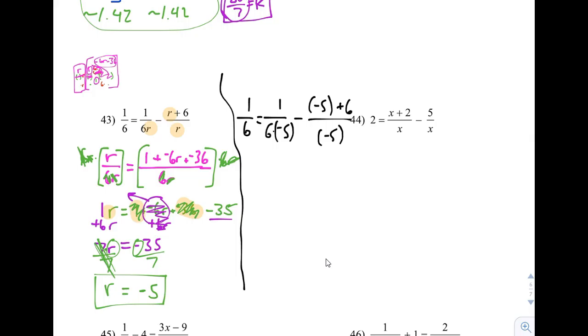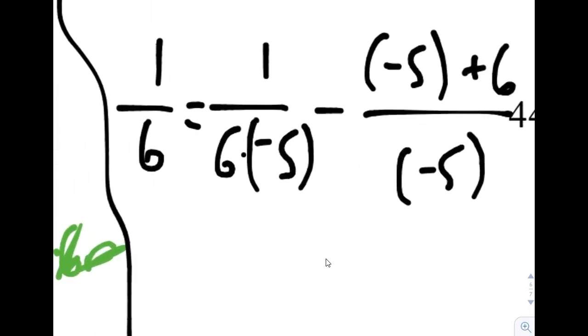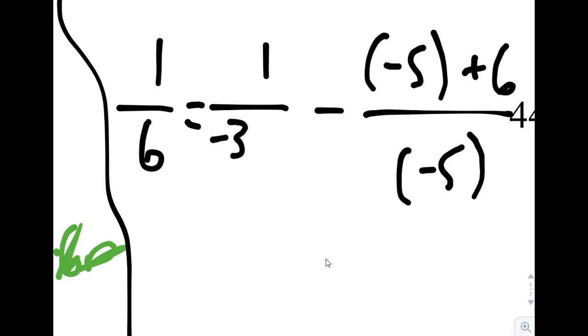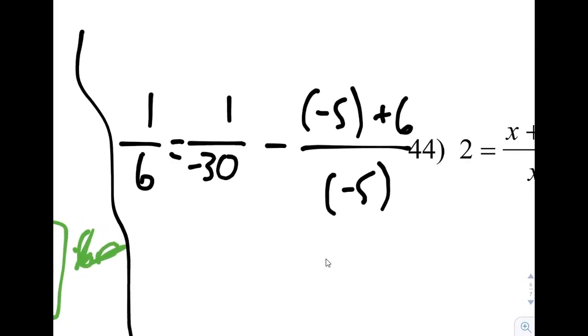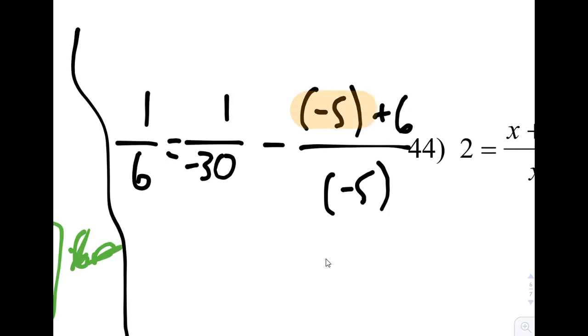Now, 6 times -5 right here is going to equal -30. I'm going to try to write it in one place like that to keep it nice and clean. -30. -5 plus 6 is going to be +1.